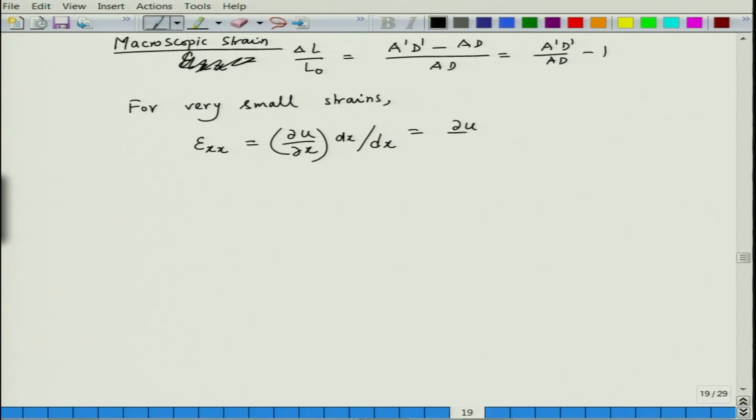So, essentially it is del u by del x. Epsilon yy will be equal to del v by del y into dy divided by dy, which is del v by del y.